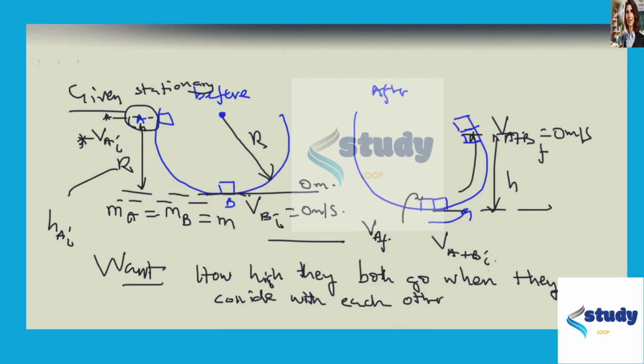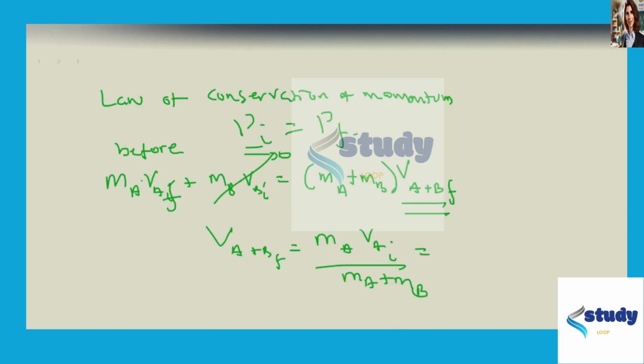Instead of calling it final or initial, this is the final velocity, before the collision.